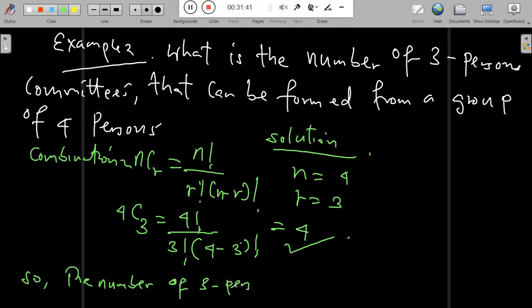So that is how we perform the question. So the number of 3-person committees that can be formed from a group of 4 persons is equal to 4.